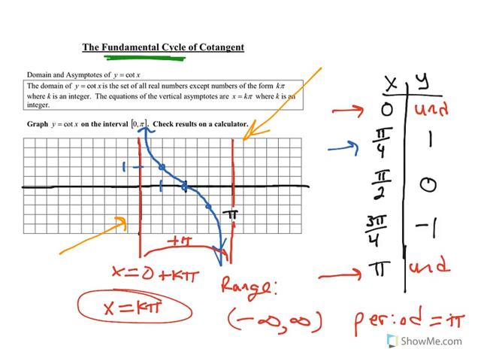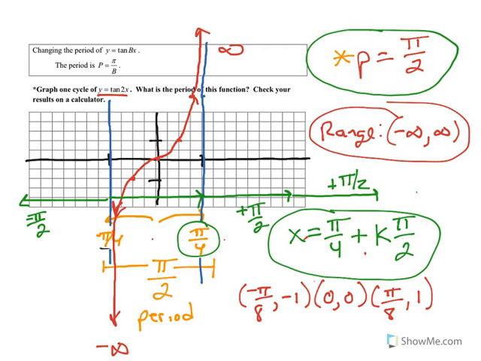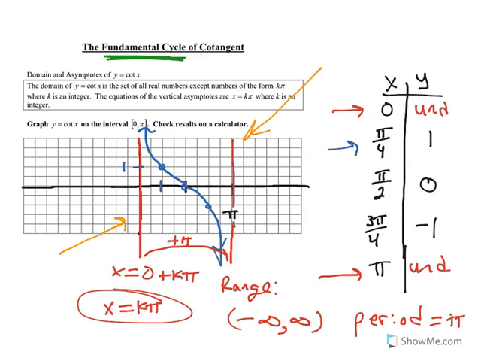And the other major difference is cotangent kind of curves or bends the other way. So cotangent kind of goes to the left and up and to the right and down, where if you remember tangent, a tangent curve goes to the left and down and then to the right and up. So they have a slightly different direction in their curve.